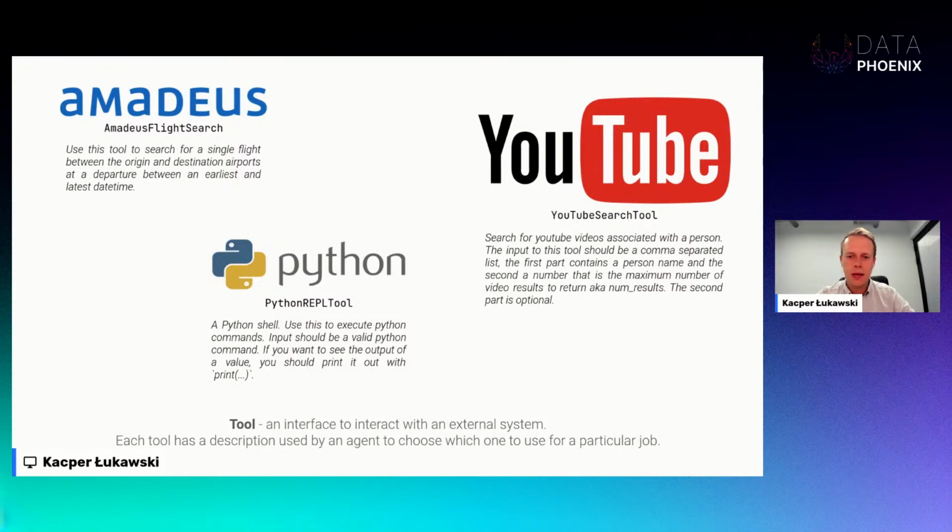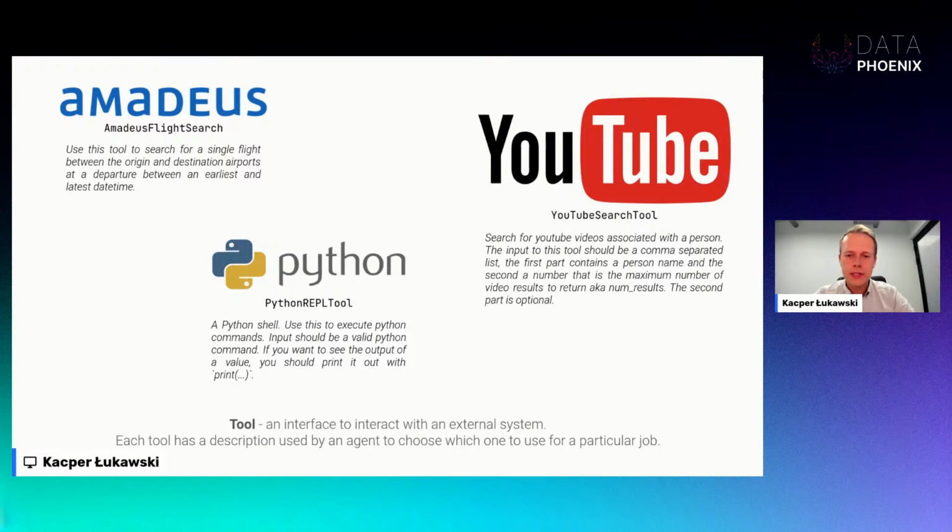There is a Python REPL tool that allows you to actually run a piece of code produced by a large language model. A YouTube search tool allows you to search for YouTube videos, if that's an intention of the prompt sent to the LLM. But you can also search for flights between two particular cities using the Amadeus flight search tool. Those are pretty interesting tools.